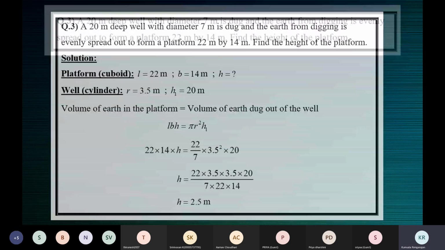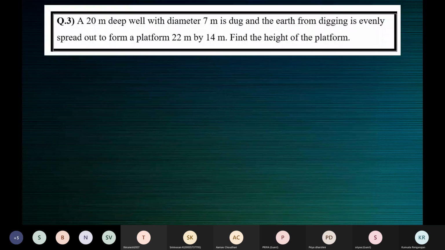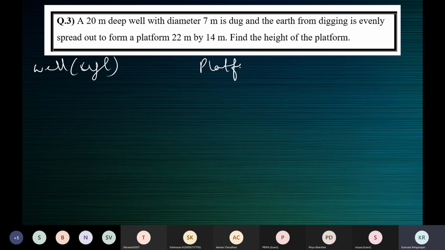And here the two things are, again, the well, which is cylindrical, and the platform. How does the platform look?